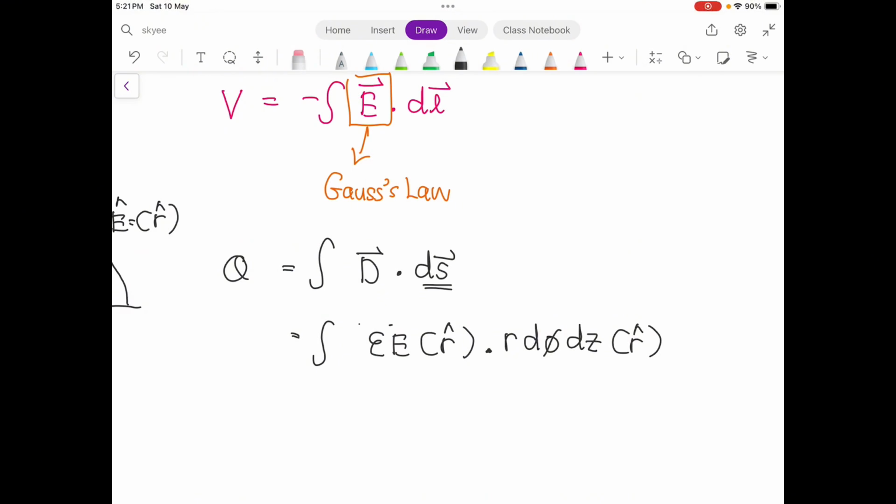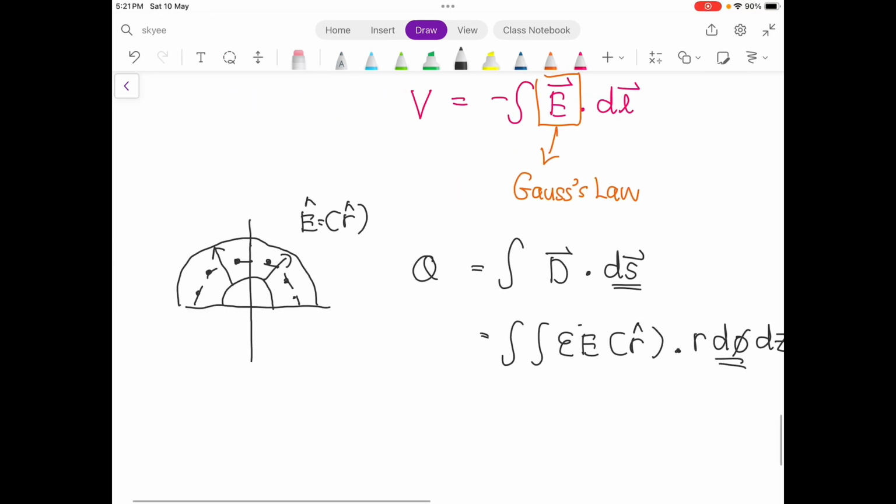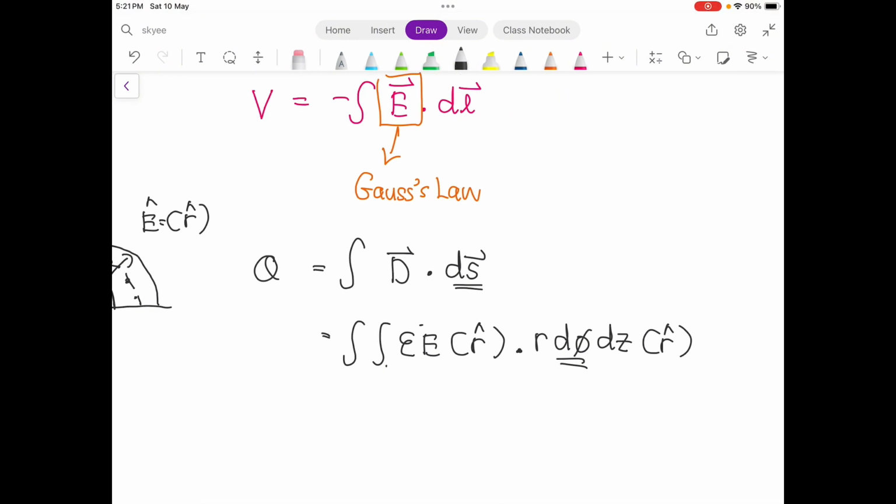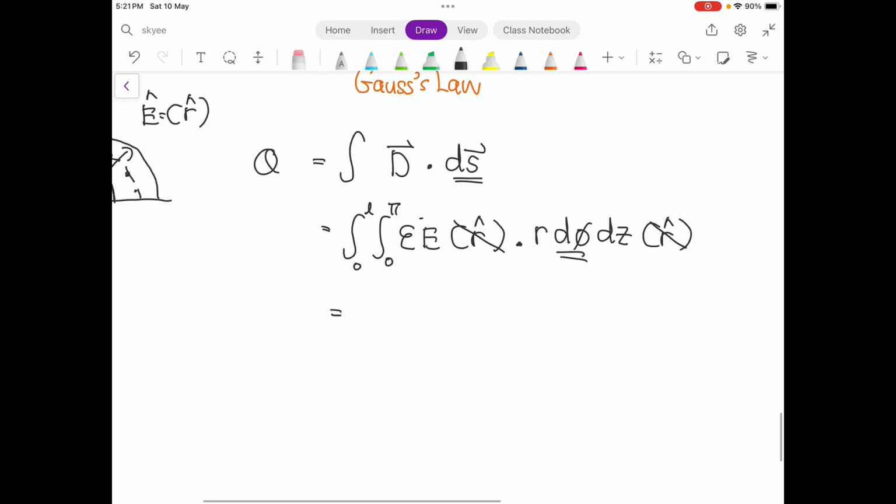When coming to the integral, the difference is here. The d phi: you look at this coaxial capacitor compared to the previous one, this one is only half of a circle. So you won't integrate from 0 to 2 pi, but you will integrate from 0 to pi, and the length is L. This is the difference between the previous one and this question.